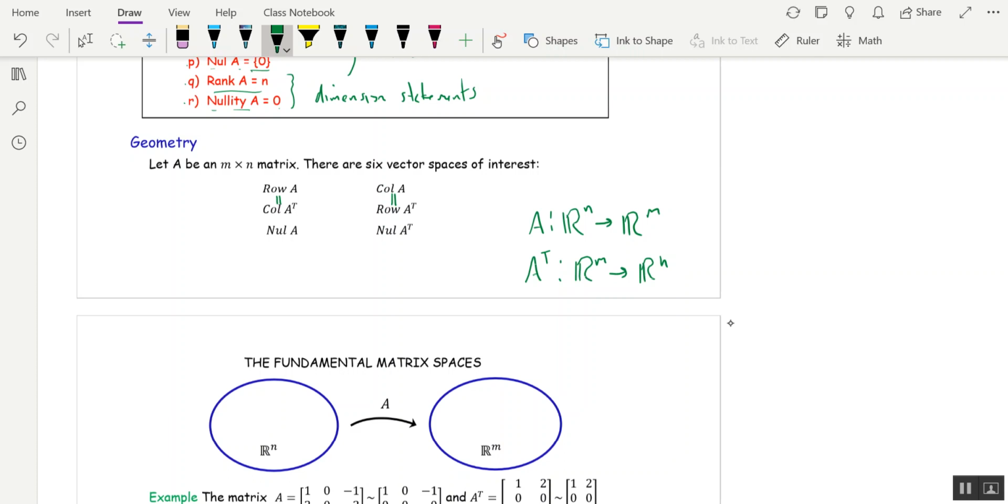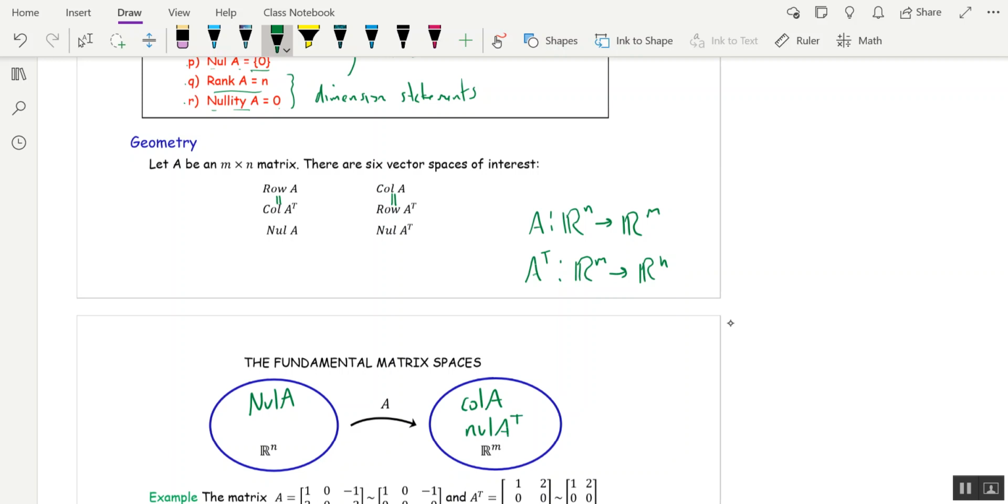Who lives in Rn? So here's A going from Rn to Rm. Let's do the low-hanging fruit first. Null A lives over here, and col A lives over here. A transpose goes from Rm to Rn, so null A transpose lives over here.